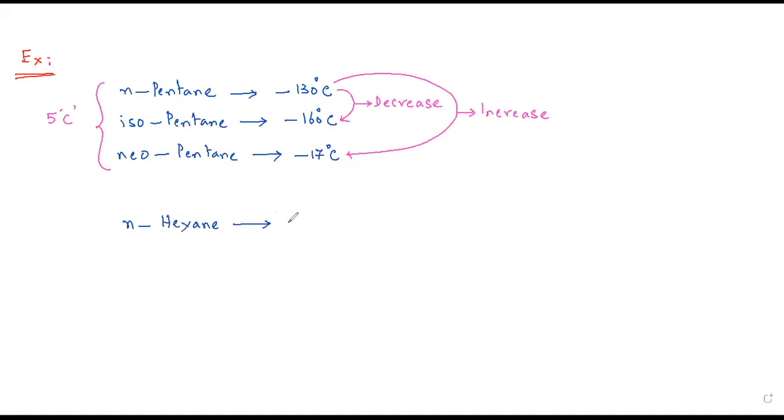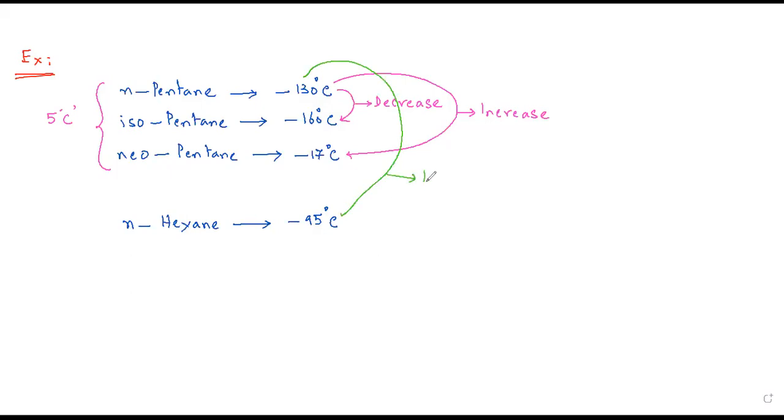See, in case of N-hexane, the melting point is minus 95 degrees centigrade. So from N-pentane to N-hexane, what has happened? The number of carbon atoms is increased.